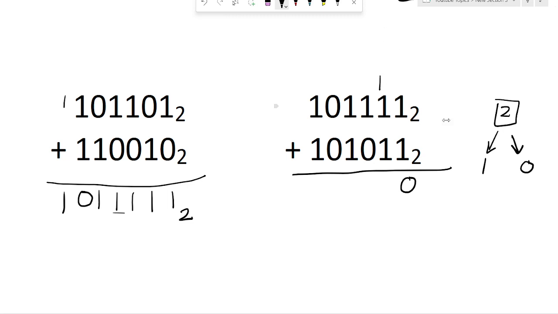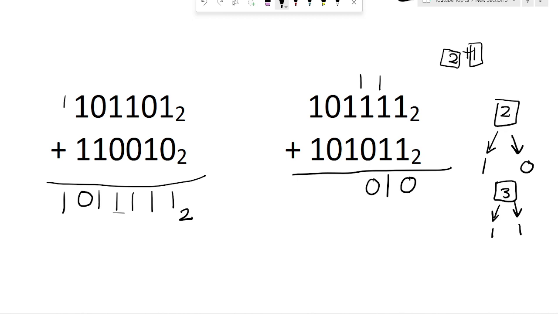1 plus 1 plus 1 is 3. Same situation. We have one set of 2 with a remainder of 1 this time. We're going to have 1 and we carry the 1. Alright, so I can get one set of 2 from 3. So I carry that one set of 2 and I'd have a remainder of 1 remaining because 2 plus 1 is 3. One set of 2 with a remainder of 1. Alright, 1 plus 1 is 2.